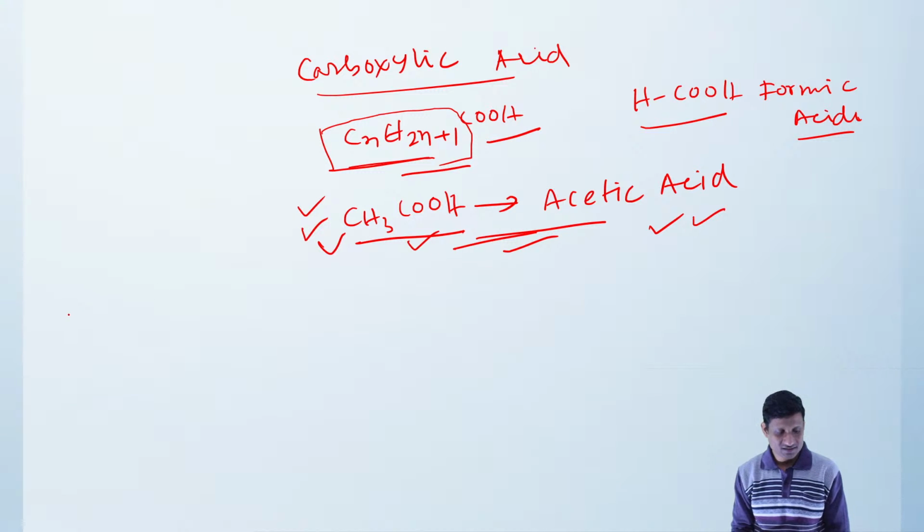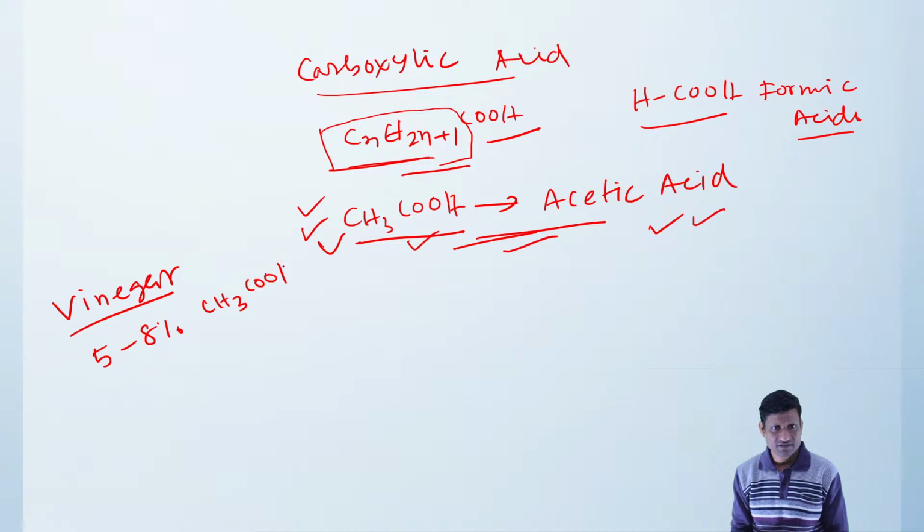So basically this is nothing but the vinegar that we use in food items, like fast food, or to make a pickle. Basically 5 to 8% of acetic acid is known as vinegar. Okay, so this is very important for the competitive exam.